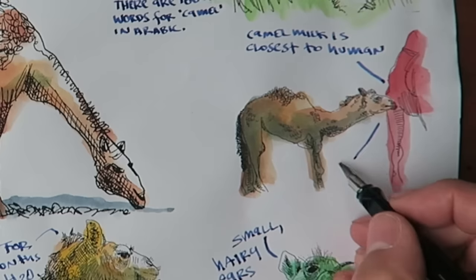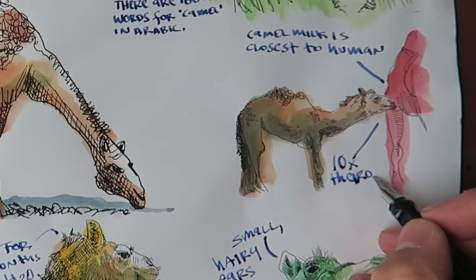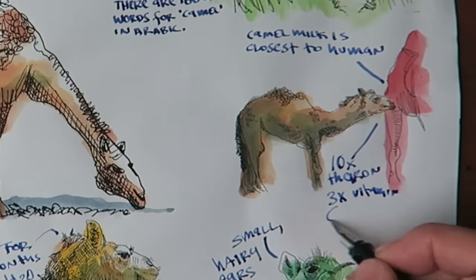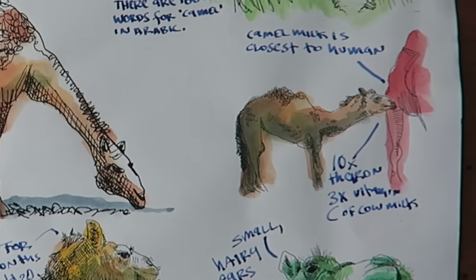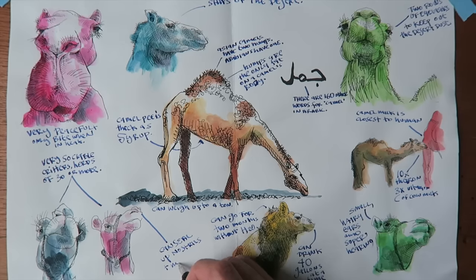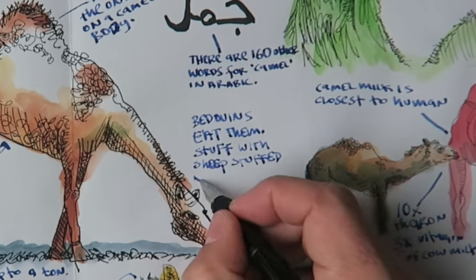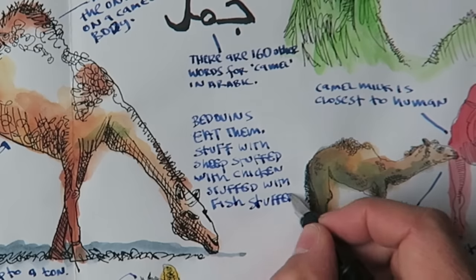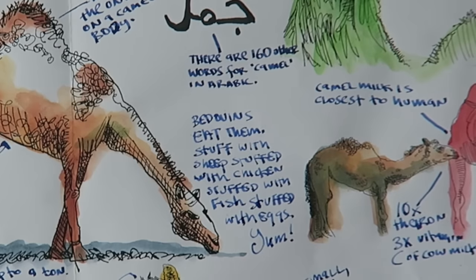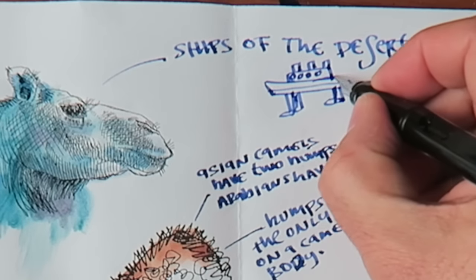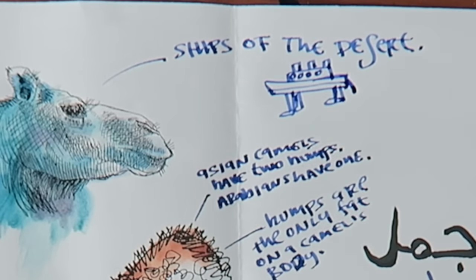Sounds a little gross, but they have 10 times the iron and 3 times the vitamin C of a cow's milk. And of course, they're known as the ship of the desert.